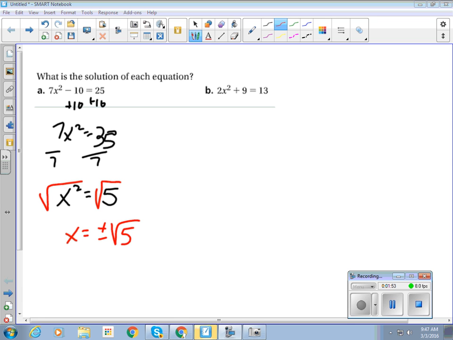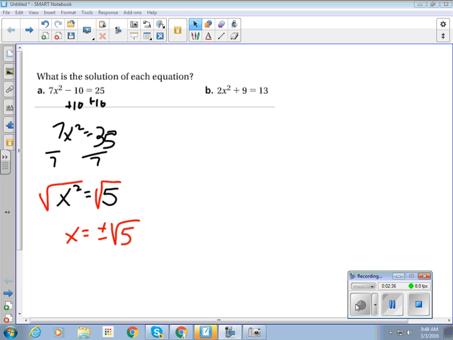So when I am trying to solve for a squared function, I'm going to get out the positive answer and the negative answer, because those are both possibilities of solutions when I plug in the answer to my final solution. So when you're taking the square root of both sides, make sure you put a plus and a minus to solve. Keep it in exact form, so we're going to keep this as square root of 5 unless they ask us to approximate and then tell us where to round. Otherwise, we're going to keep this as plus and minus square root of 5.